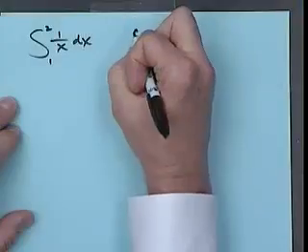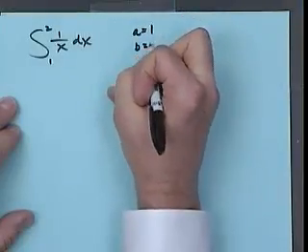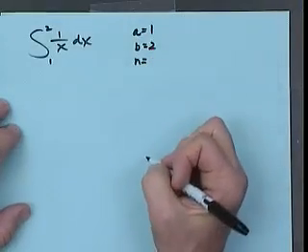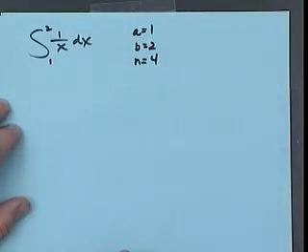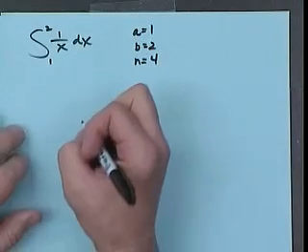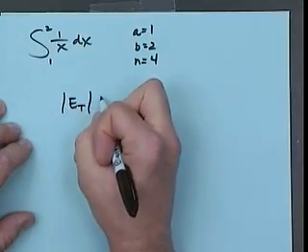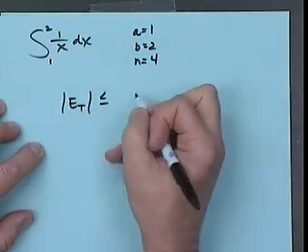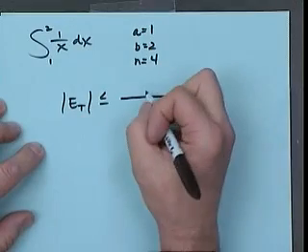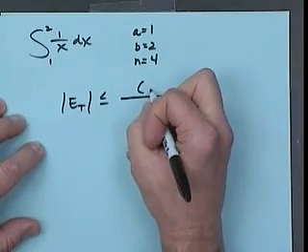So our A is 1, our B is 2, and we did 4 trapezoids, so N was 4. So the error for us, I'll leave out the K value right now. We'll come back to that. B minus A.